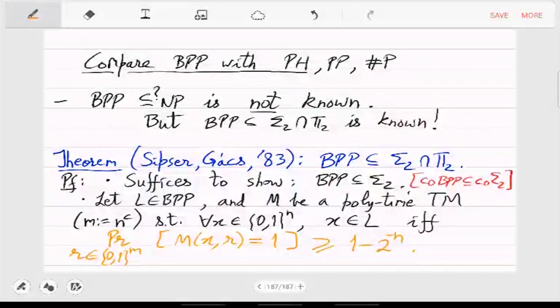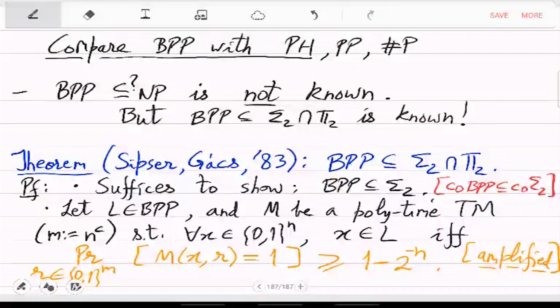BPP only gives you 2/3 probability, but you can amplify and get probability very close to 1, and error probability 2 raised to minus n. So this you get by amplification. This is the amplified success probability, and error is 2 raised to minus n. So that's what you are given.